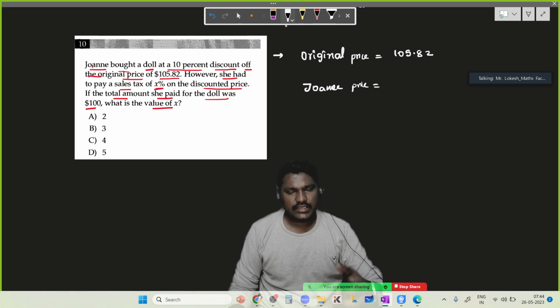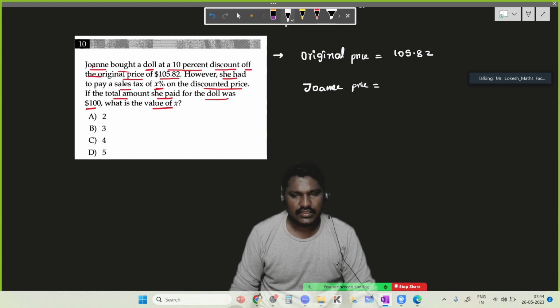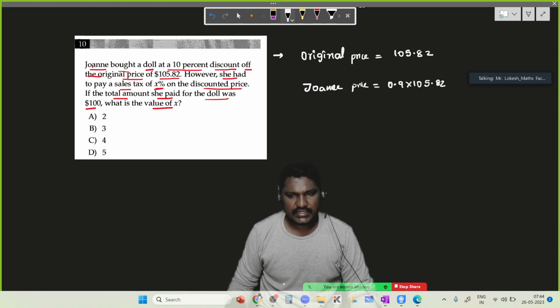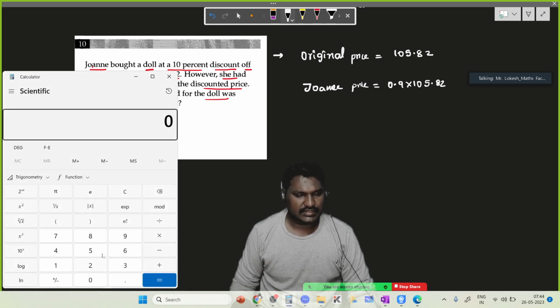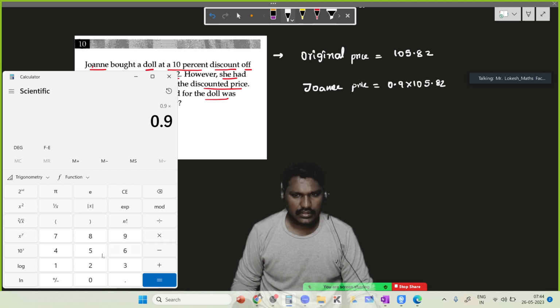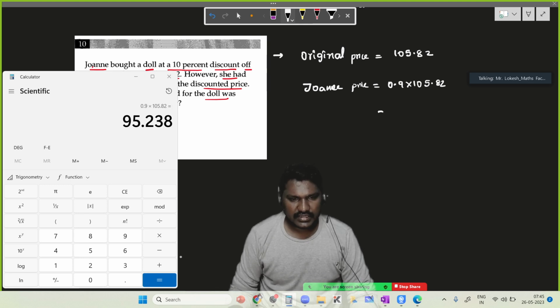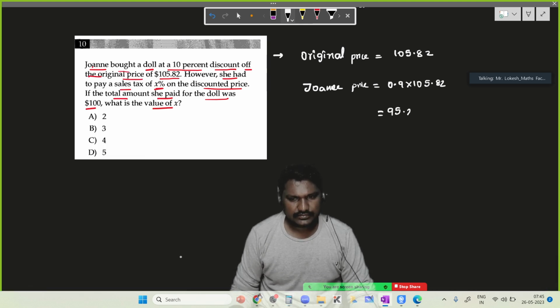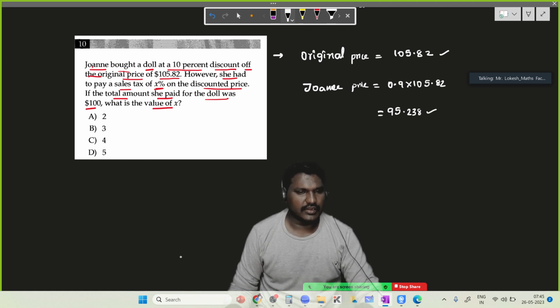That means 0.9 times 105.82, which is 95.238. So the original price was 105.82 and John's price was 95.23. So he paid this many dollars.